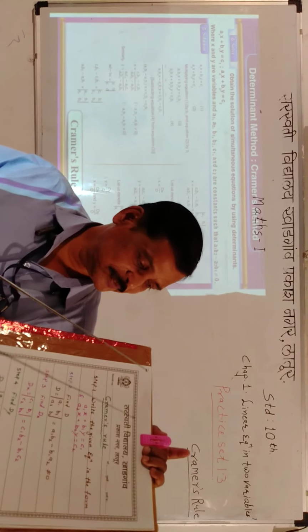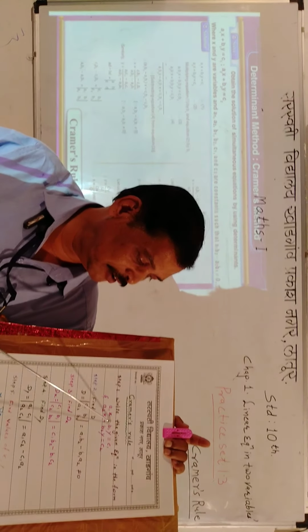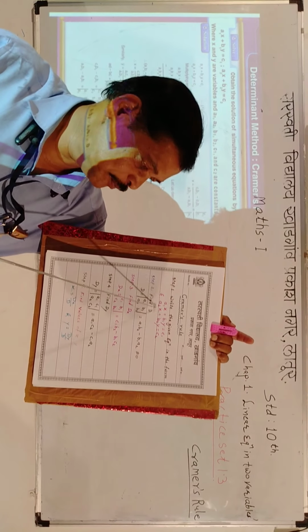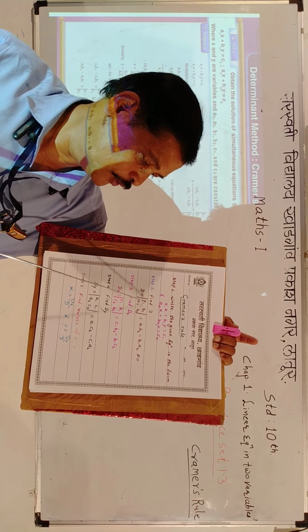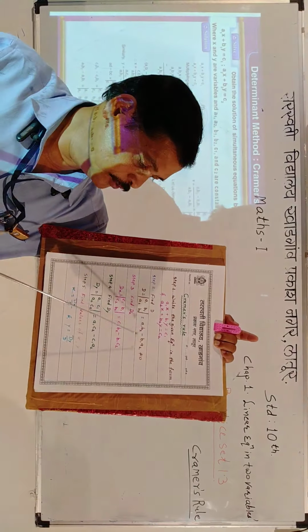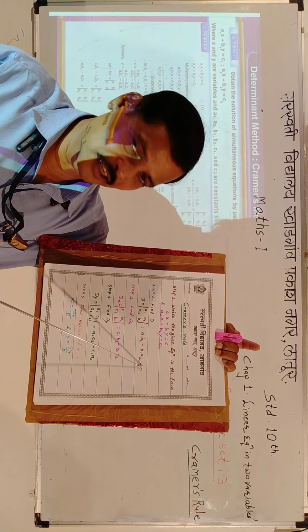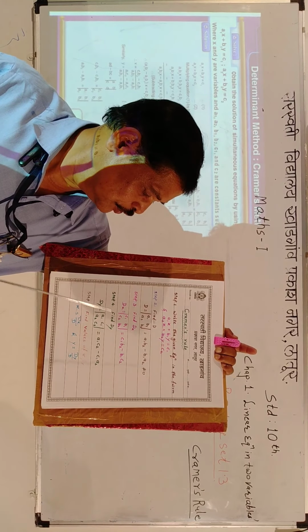The same steps are given here. Firstly, A1x plus B1y is equal to C1 and A2x plus B2y is equal to C2. Here, D is equal to A1 B1 A2 B2, meaning A1 B2 minus B1 A2. It is not equal to 0.